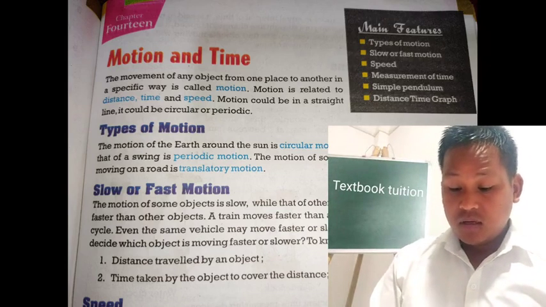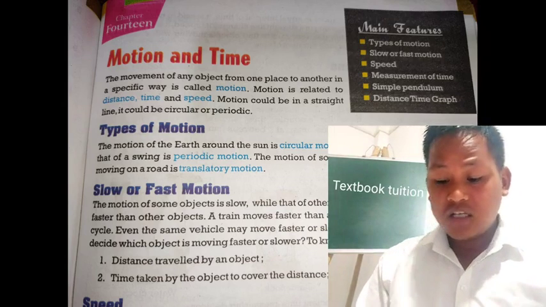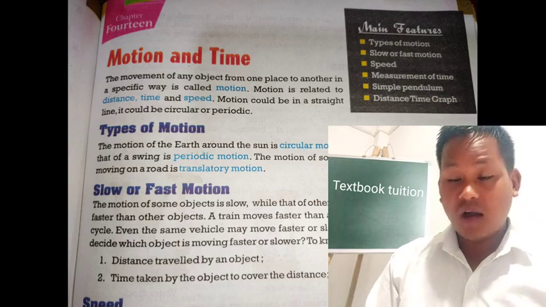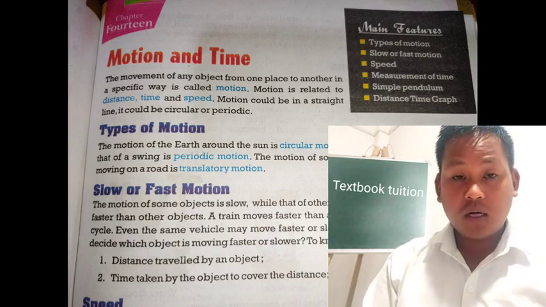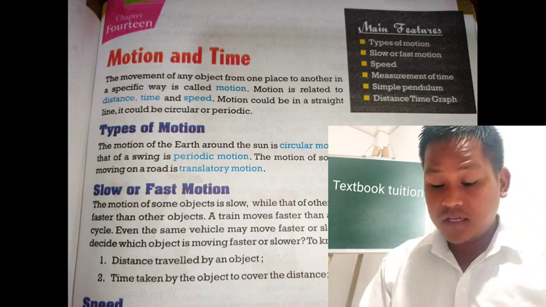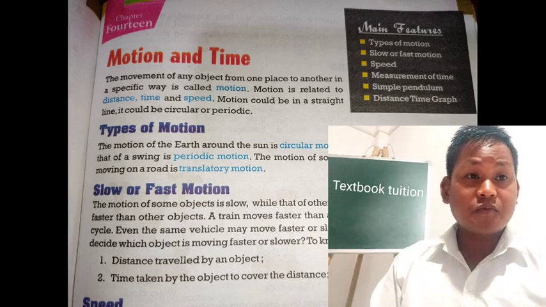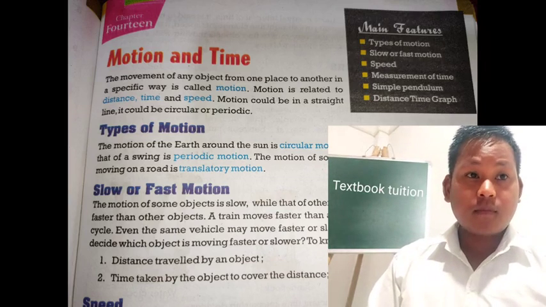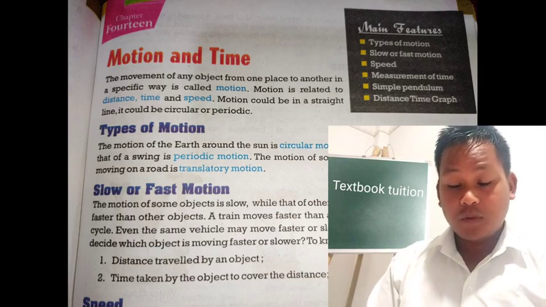Example: when we say that the car is moving with a speed of 80 kilometers per hour, it means that the car will cover a distance of 80 kilometers in an hour. A car moves 80 kilometers within an hour.